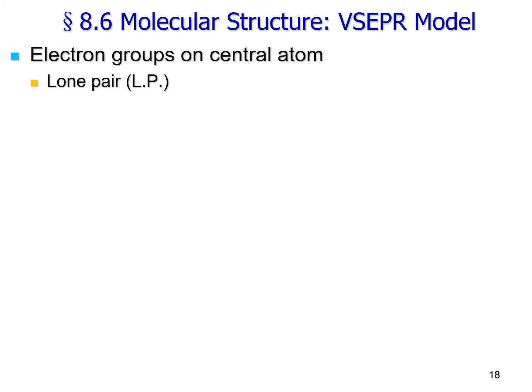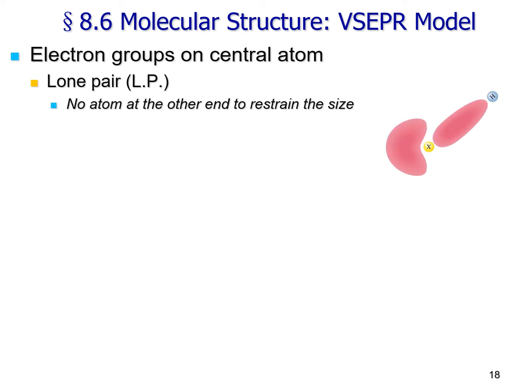All right, so now we realize we can have 3 different electron groups on the central atom. We can have a lone pair, we can have a bonding pair, and we could have just a single electron. But we start off with the lone pair first. This is a picture of lone pair electrons, and this is for the bonding pair of electrons.